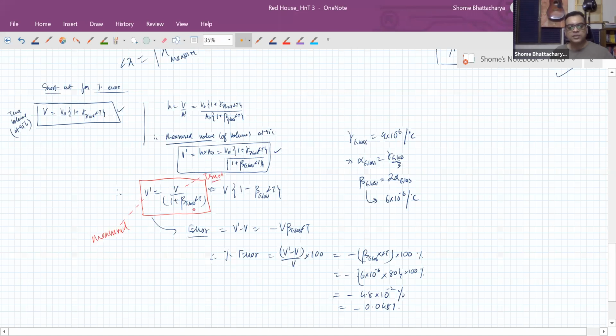So the factor is 1 plus beta of glass into delta T. So my fractional error is beta of glass into delta T. So percentage error is that beta of glass into delta T converted into a percentage by multiplying it by 100. So this is the shortcut thing I was talking about. Okay, so make a quick note of this. We will discuss bimetallic strip next.